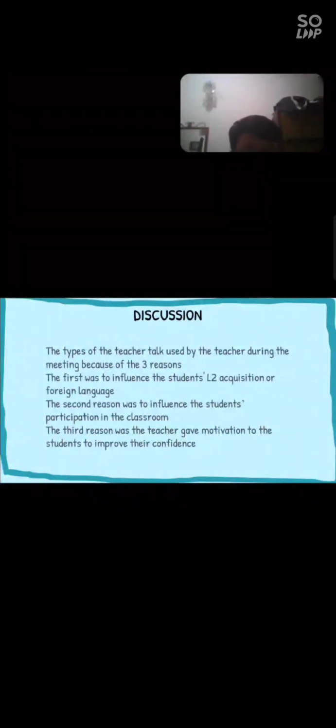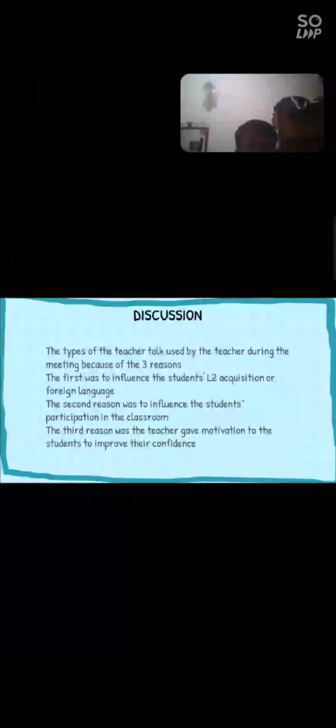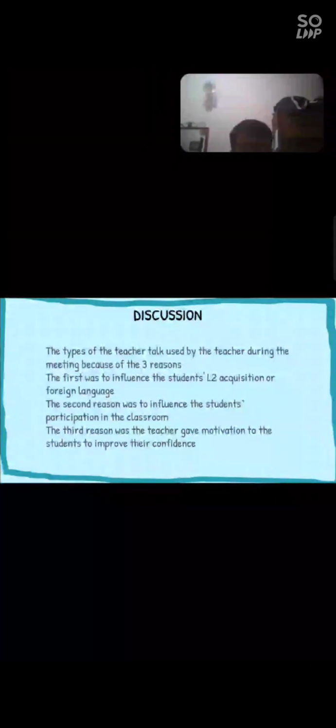And the third reason was the teacher gave motivation to the students to improve their confidence. Many students cannot speak the target language well because they do not have good confidence, especially in the target language that maybe is not very familiar, but they at least have the basic skills of it.